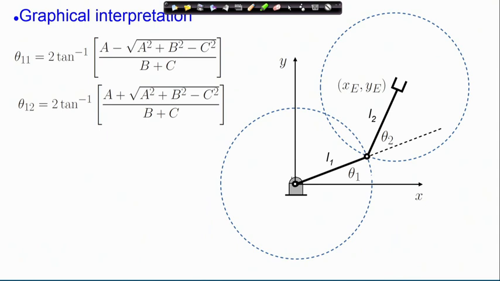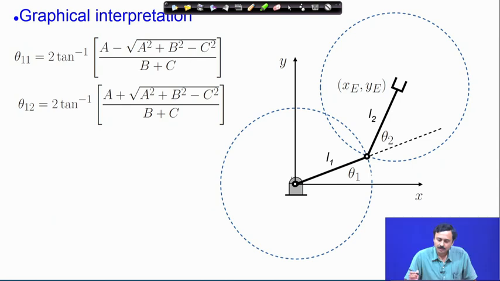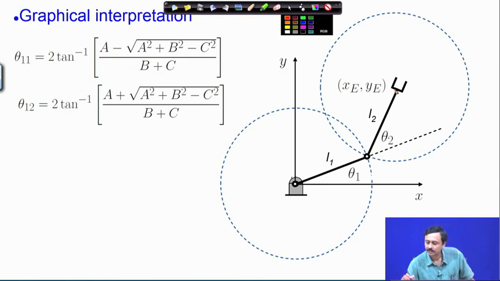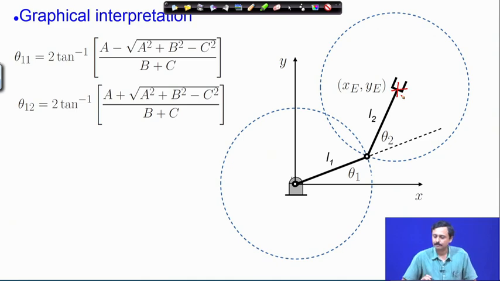So, let us understand the solutions graphically. What is specified? We are specified x e and y e. So, this location is fixed. This location being fixed, we want to find out where this hinge goes.